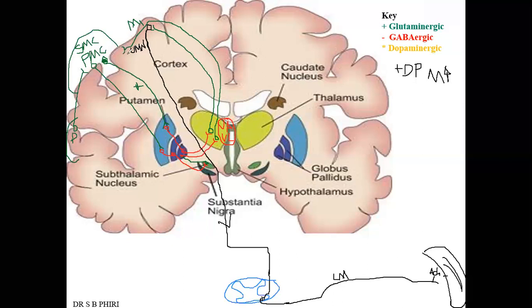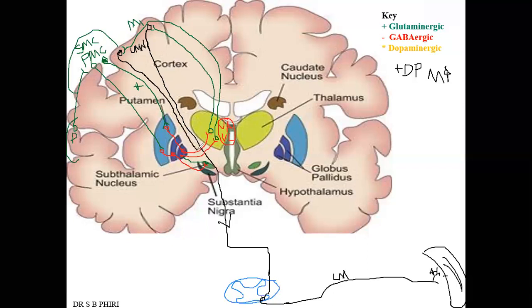In this primary motor cortex, you have an upper motor neuron that is starting from here, starting from the primary motor cortex, descending down via the corona radiata to the internal capsule, posterior limb of the internal capsule, in between the basal ganglia and the thalamus.